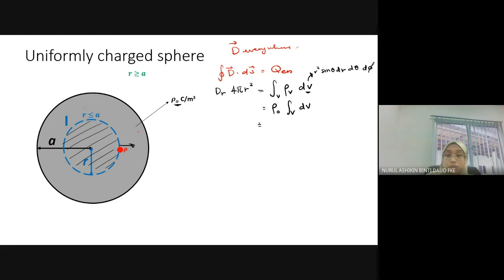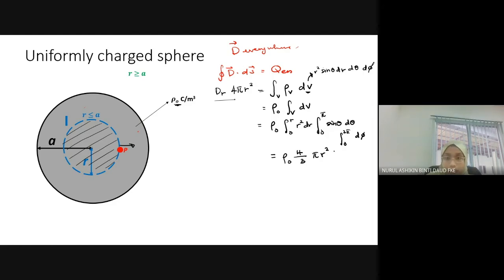Since it has three variables, it will be rho naught times the integral of r from 0 until r of r squared dr, then theta from 0 until pi of sine theta d theta, and then phi from 0 until 2 pi of d phi. This gives me rho naught times 4 over 3 pi r cubed.